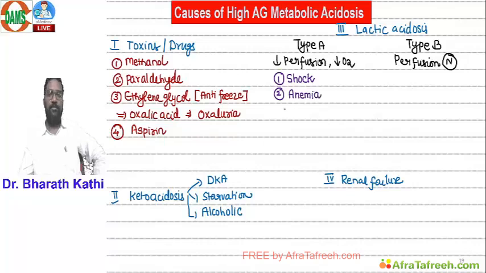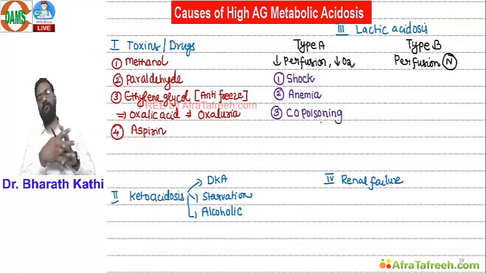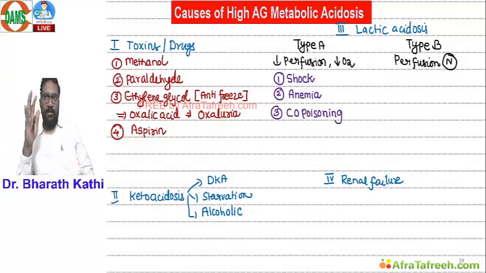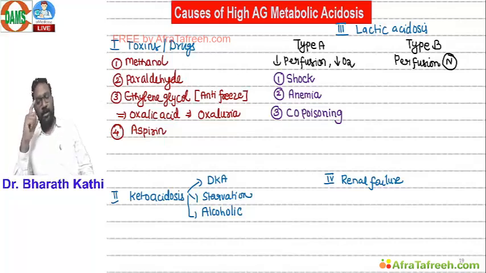Hemoglobin. In anemia, hemoglobin is less. Why in carbon monoxide poisoning? In carbon monoxide poisoning, the hemoglobin tightly binds with carbon monoxide and there will be no space for oxygen to bind. Oxygen cannot be bound to hemoglobin and oxygen will not reach the tissues.